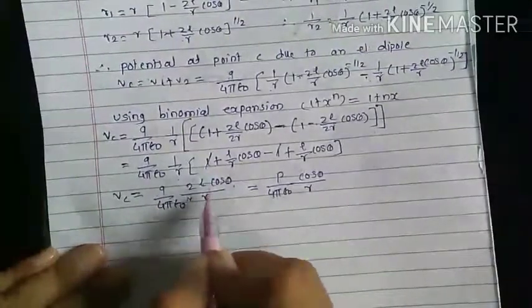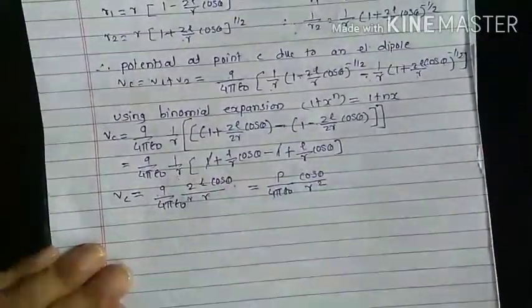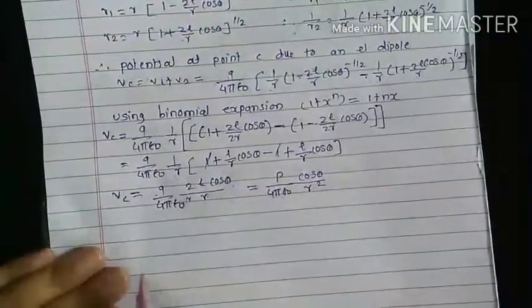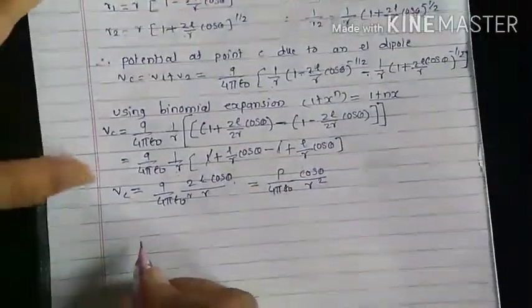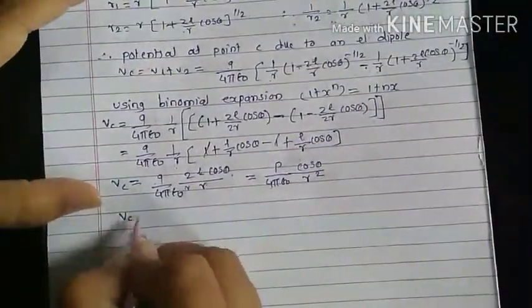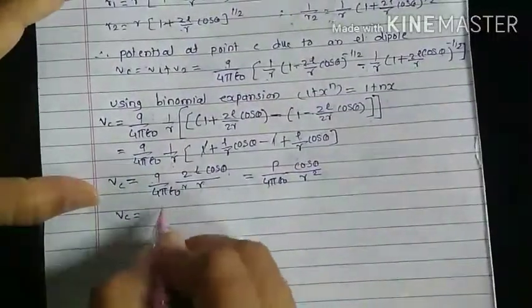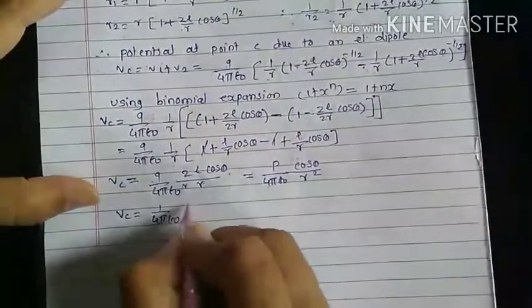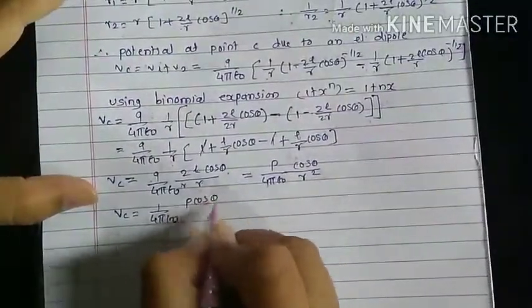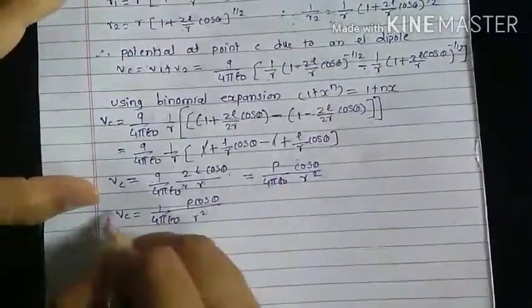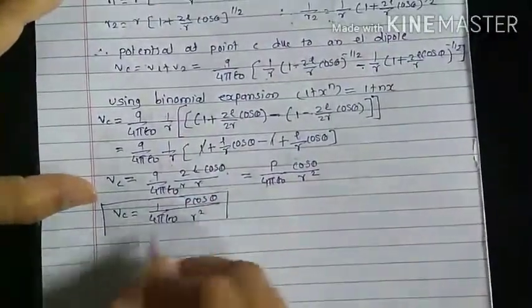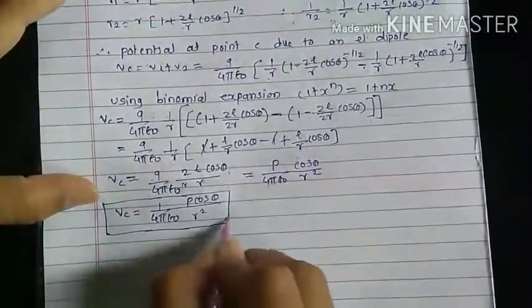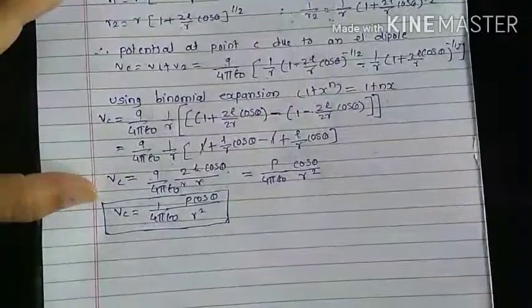R into R is R square. Electric potential at point C can be written as 1 upon 4 pi epsilon naught, P cos theta upon R square. This is the electric potential due to an electric dipole.